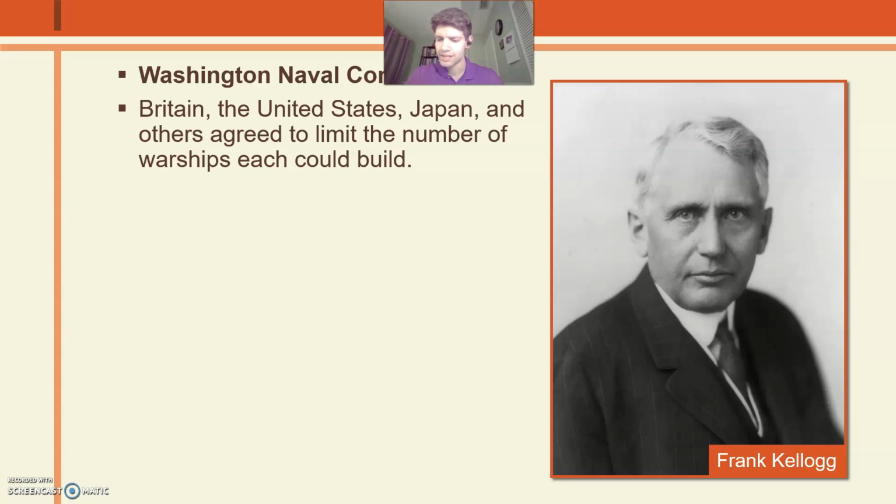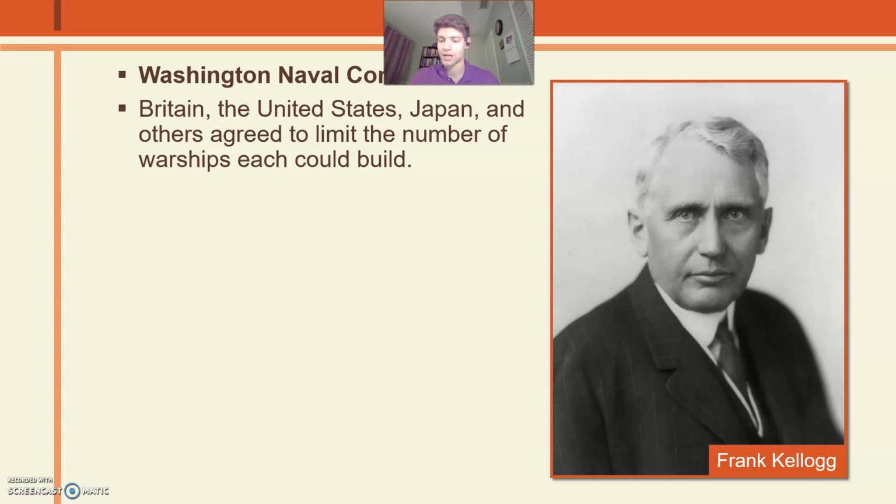It says, they established a ratio by which to limit the warships. So they decided Britain could have 5 tons. The United States could have 5 tons. Okay, they're equal. So Japan should have 5 tons. No, Japan has 3 tons. Imagine how Japan's going to feel about that.